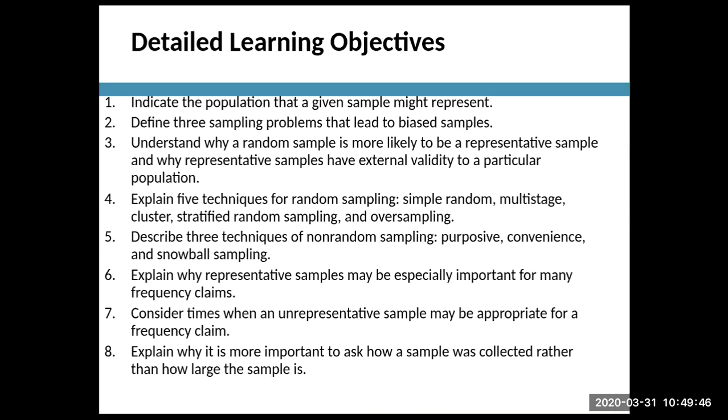I will also explain why it's more important to ask how a sample was collected rather than how large the sample is. When we talked about statistical validity in chapter 3, it told us that sample size and power and all of that, effect size, matters.